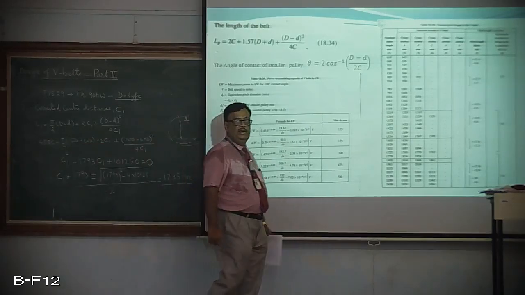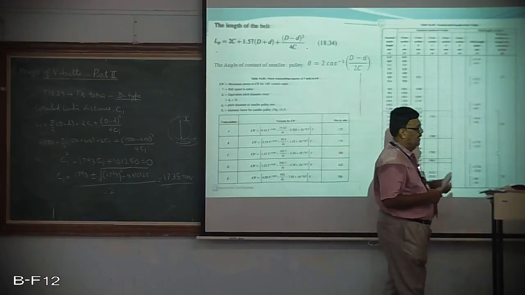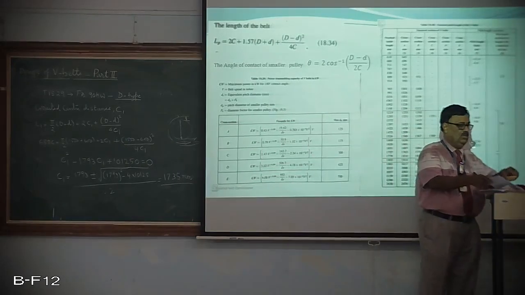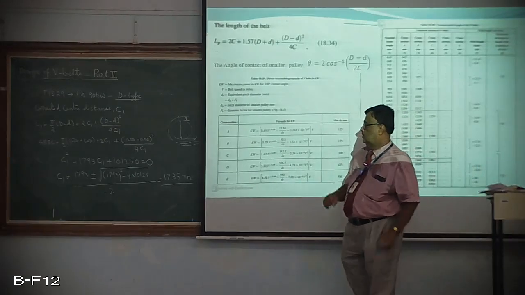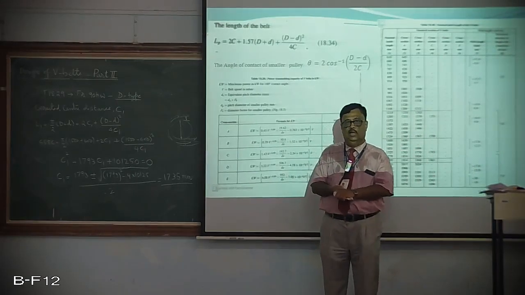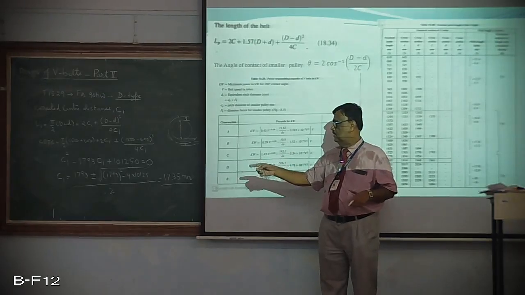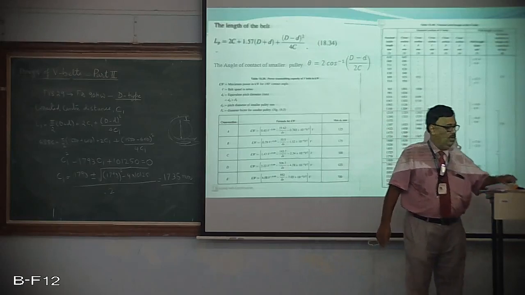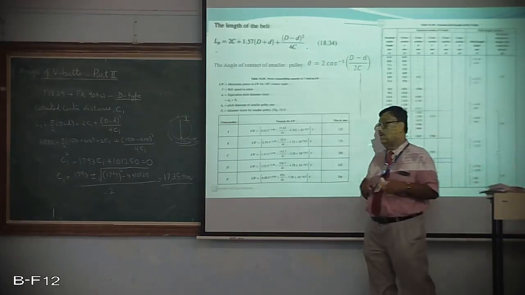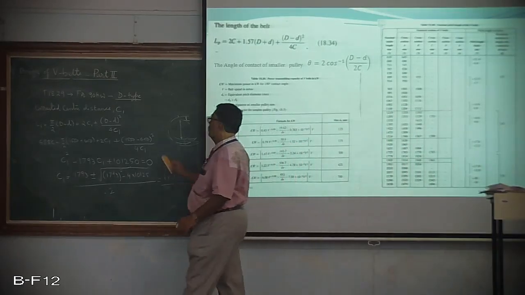This is going to be my final corrected center distance, because once we have adopted the standard belt length, this step is very essential. Now you can maintain this center distance with those diameters, and with the help of D type of belt, you can definitely transmit up to 90 kilowatt.